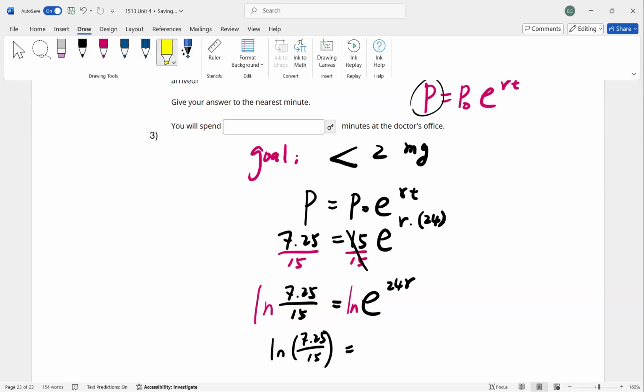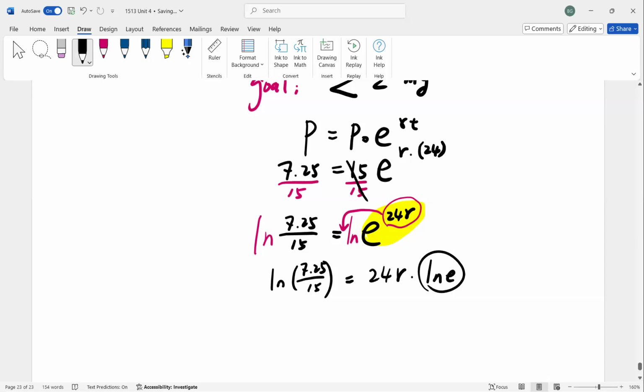On the right side, the argument of the natural log function has exponent 24r, and that exponent 24r by the power rule can be moved in front of the log function. So we have 24r times ln e, and we know ln e is 1, so we get rid of it.